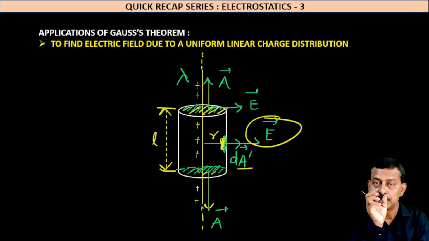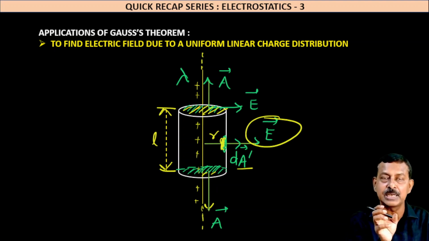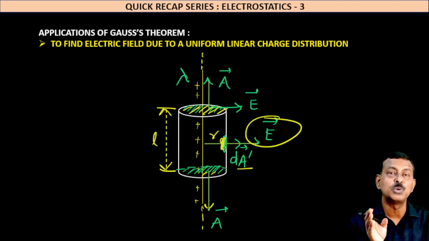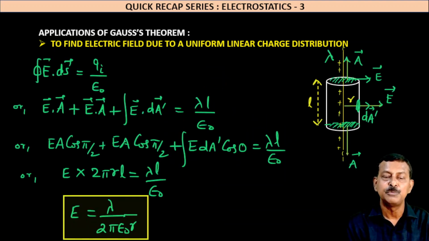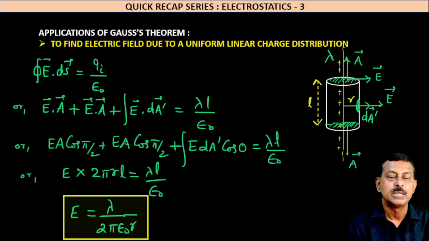Now this cylinder we can consider to have three surfaces, one curved surface and two flat surfaces, upper and lower. So if I want to find electric flux, we'll have to take the lines of force passing through these three surfaces. So let's apply Gauss theorem for this particular case. Gauss theorem: E dot ds integral over closed surface is qi by epsilon naught.